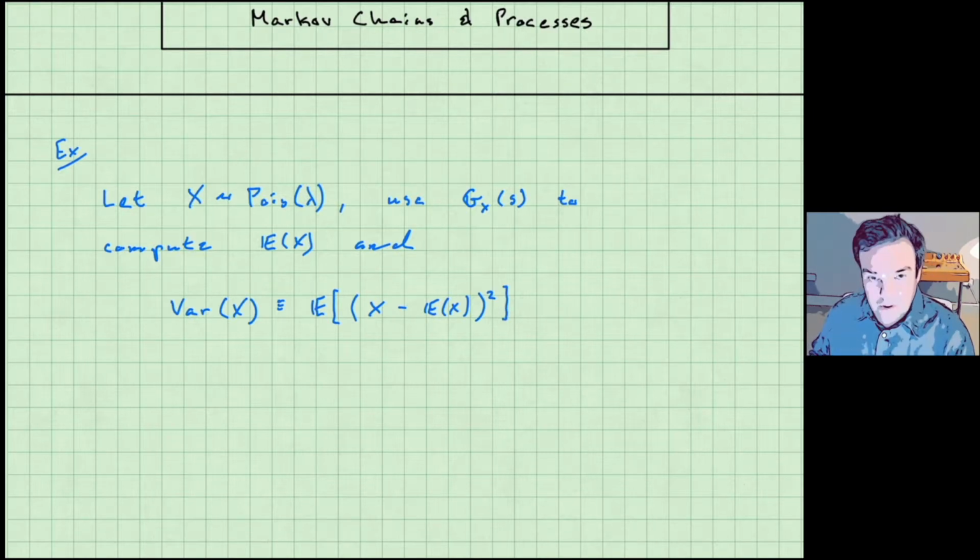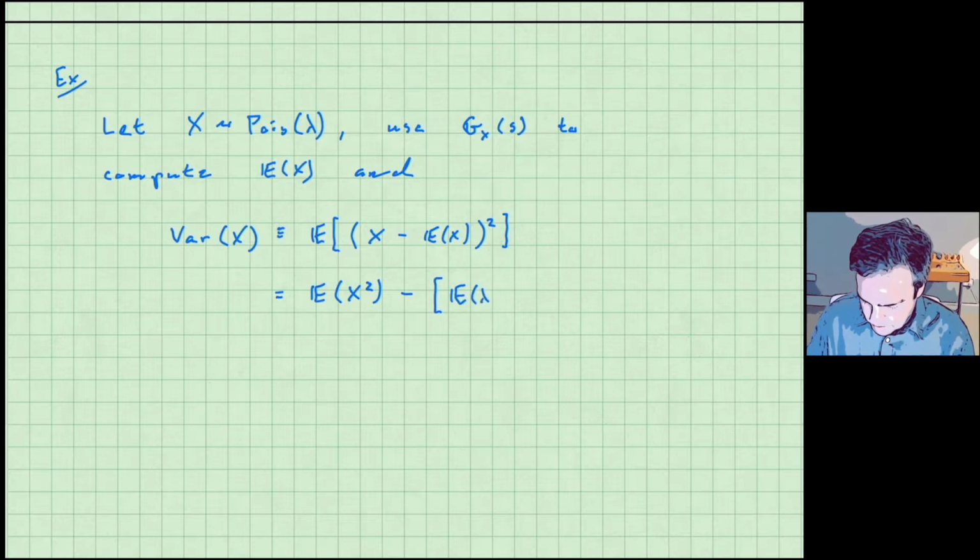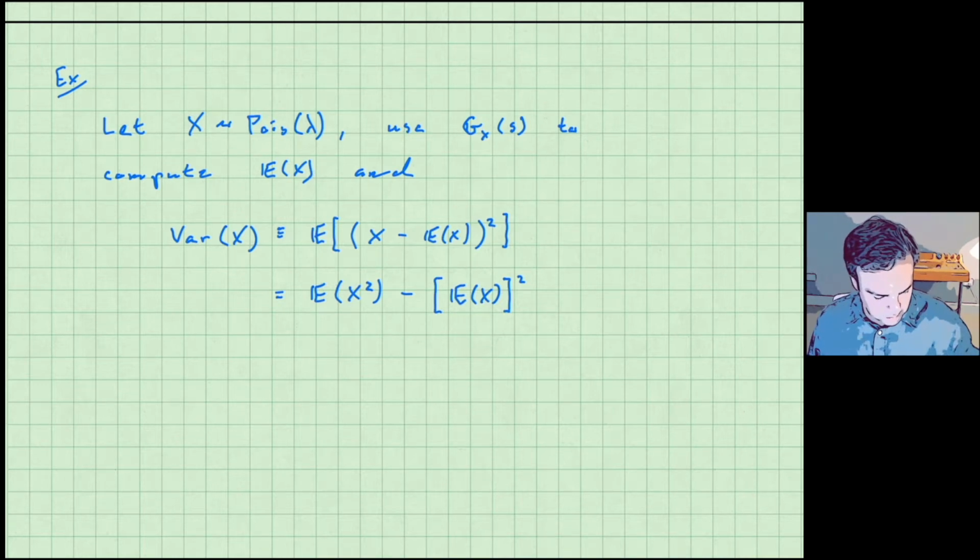But that's a kind of a clumsy way to write it usually, and instead if you just expand that and then distribute the expectation value, you get the expected value of x squared minus the square of the expected value of x. Pretty familiar form. That's the easier form to work with, and that's what we'll use today.